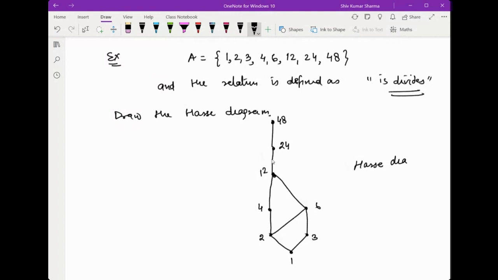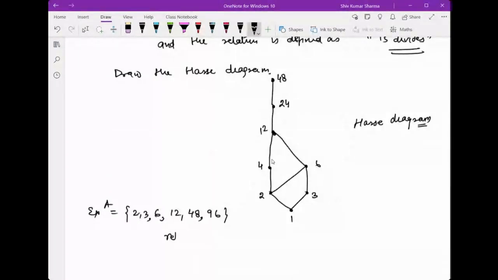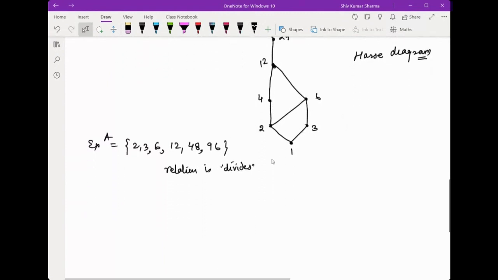The relation is divides. So how to draw this Hasse diagram? In the previous example, we took 1 as the initial element, which divides 2 and 3.